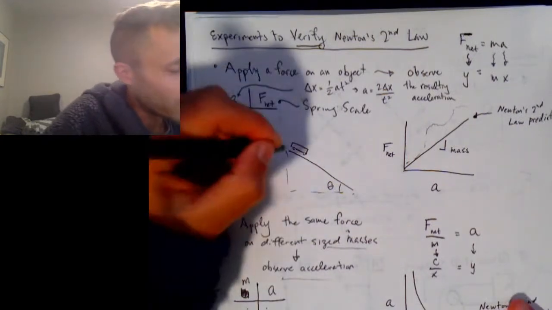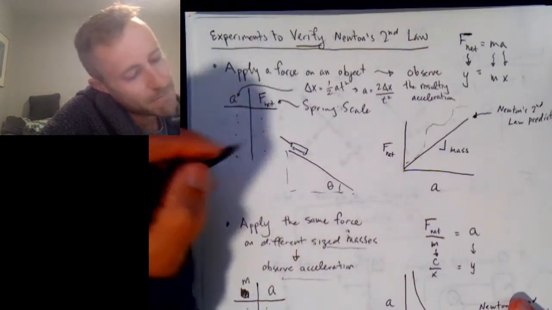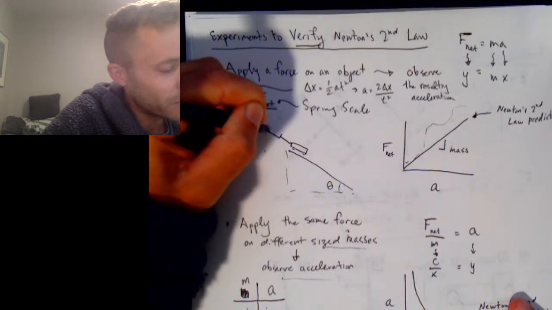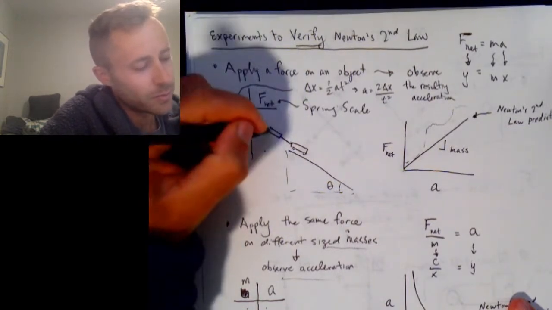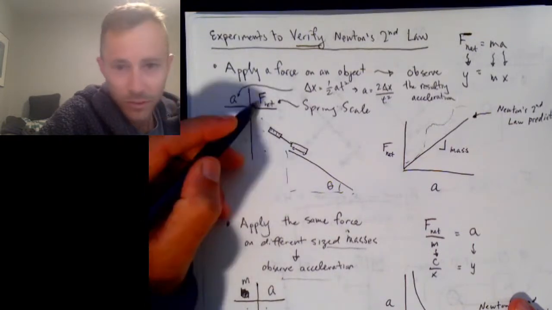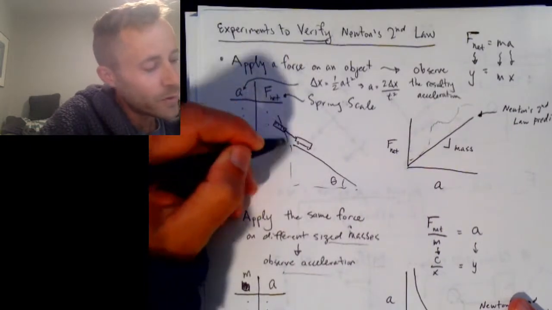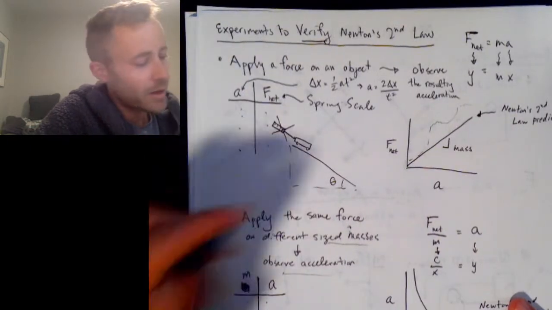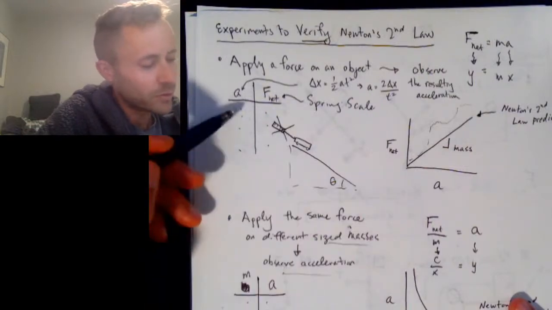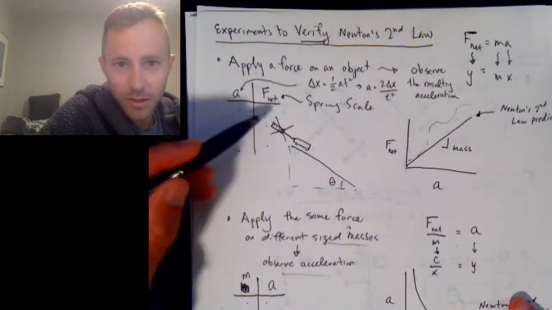But we're going to put a spring scale behind it. And the spring scale has the ability to measure the force that is pulling the cart down the incline. Okay. So we'll measure the force using the spring scale. Then we'll remove the spring scale and let the cart actually roll down. And then from kinematics, we will determine the acceleration.